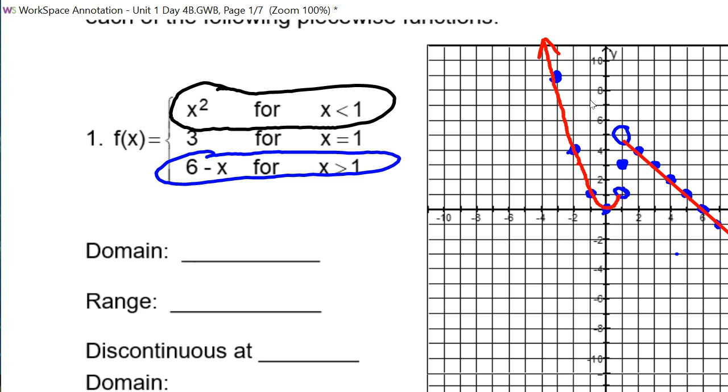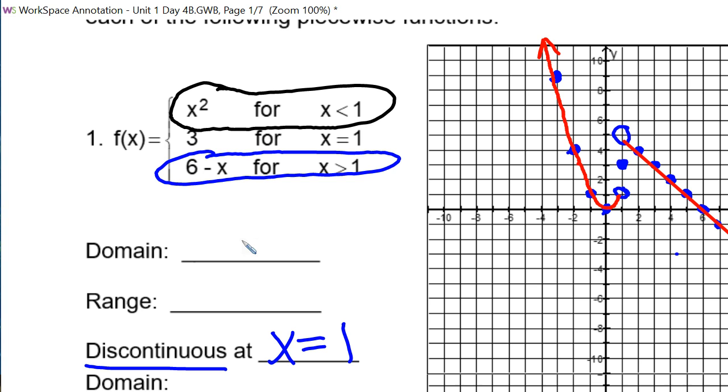Start with an H. Holes. So those are holes in our graph. Okay, so first thing we have to decide is where this function is discontinuous. It's discontinuous right here where I had to pick up my pencil, which is x equals 1. So I had to pick up my pencil at x equals 1.